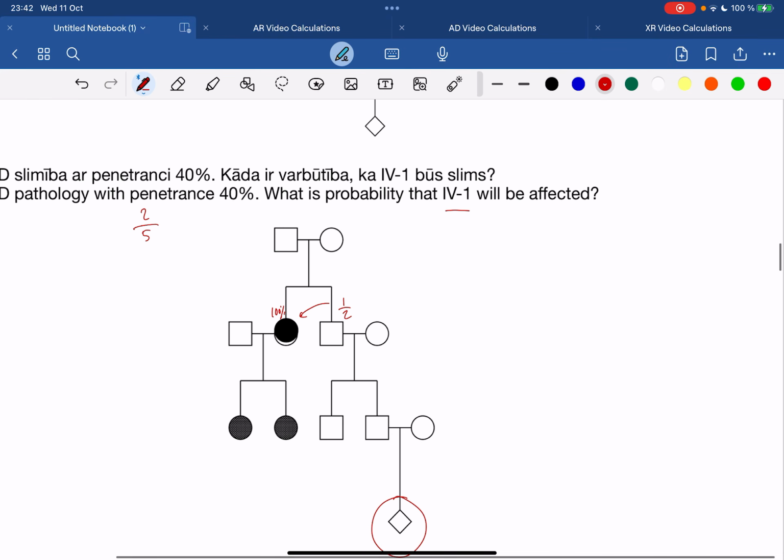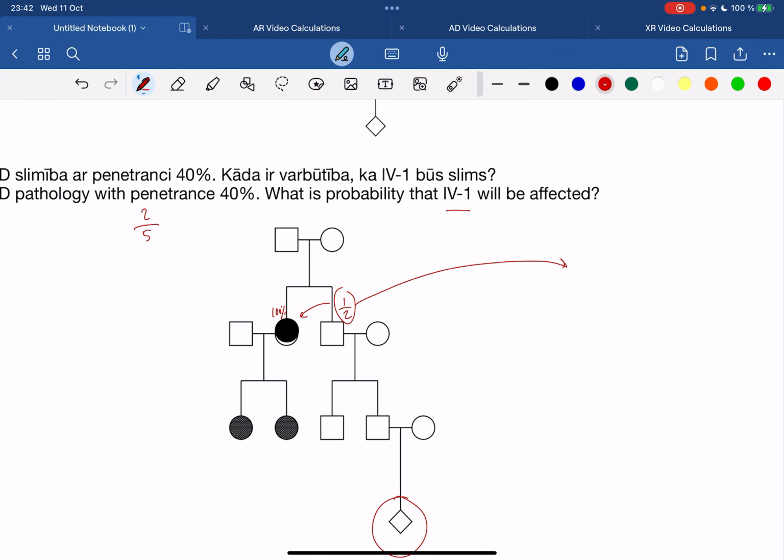And now we do the Bayesian table, because if we're unsure, we always do the Bayesian table for autosomal dominant. So carrier, non-carrier. 1/2 here, 1/2 there. Conditional probability is the rest of this amount of people, so it would be 60%, which is equal to 3/5.